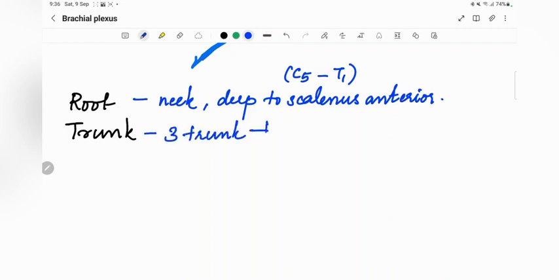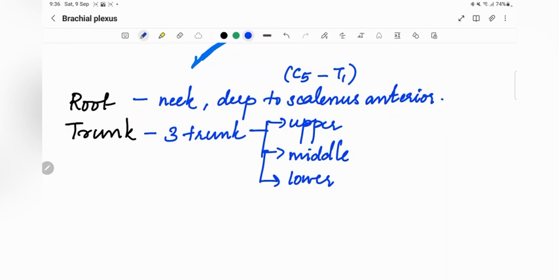Which are the three trunks? We have the upper, middle, and lower trunk. The upper is formed by the roots of C5 and C6. Middle is formed by the root of C7, and lower is formed by C8 and T1. Now the trunk also lies in the neck, but it lies between the scalenus medius and the scalenus anterior.